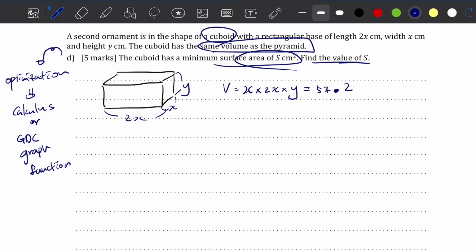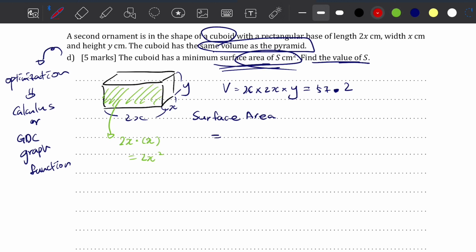Then since we need to calculate the surface area, we can set another equation. The neighboring side has width x and height y, so we know its area is x times y. The top side that has the length and width has an area of 2x times x, and then this green side is 2x times y, so it's 2xy.